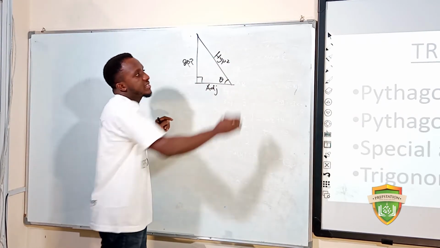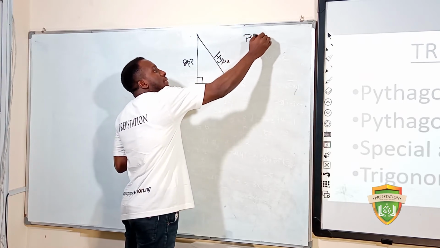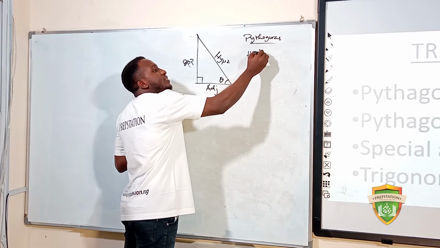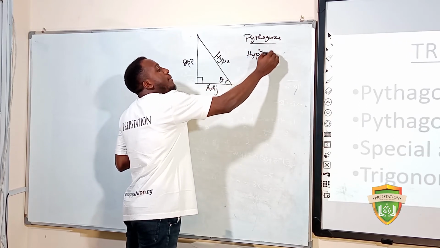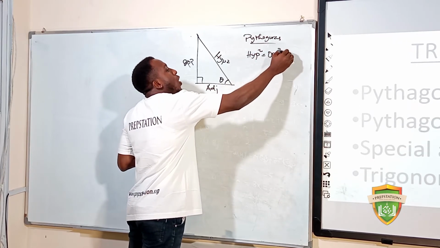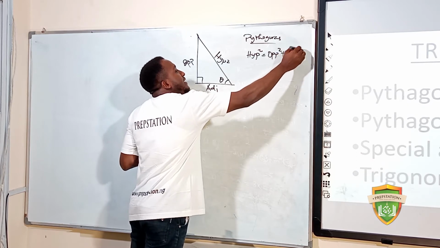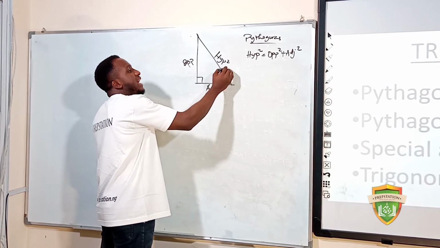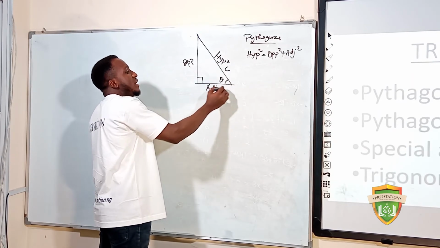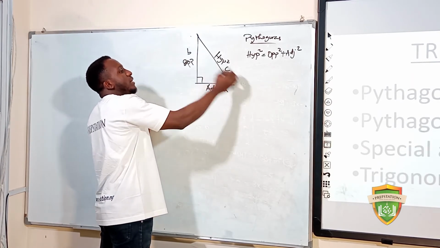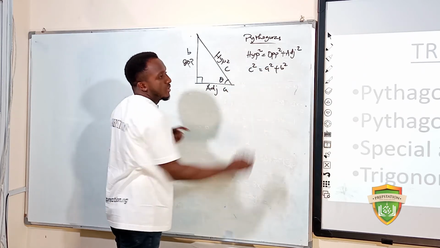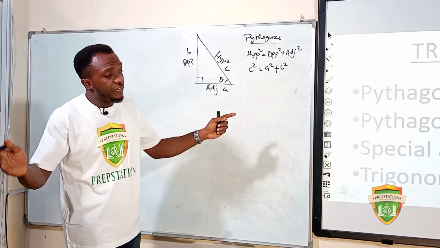So Pythagoras said that the square of the hypotenuse equals the sum of the squares of the opposite and the adjacent sides. What that means is, if we make this C, this A, and this B, C squared is A squared plus B squared. That's Pythagoras. That's just a revision for you.